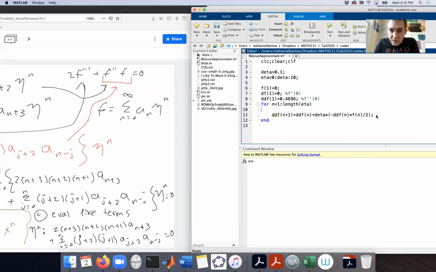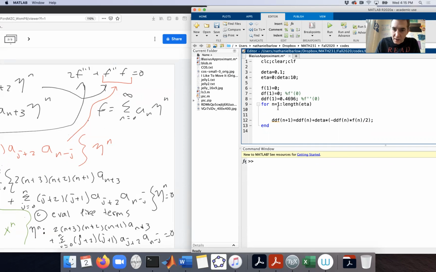Okay, so that's just the differential equation saying the third derivative, if we move the ddf over to the other side of n and divide by d eta, equals the negative second derivative times the dependent variable itself. Okay, so then we need to just advance those two derivatives.